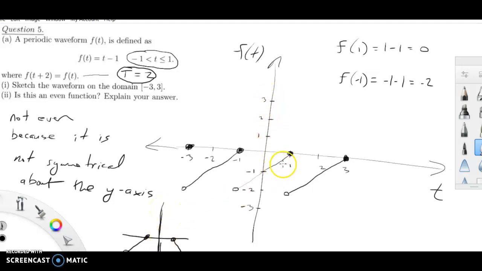But if you fold this, it won't fold over on itself properly. So it's not even. The mathematical version would be that f of t would have to be equal to f of minus t for it to be even. We won't go there actually, because the graphical one is the one to go with here, right?